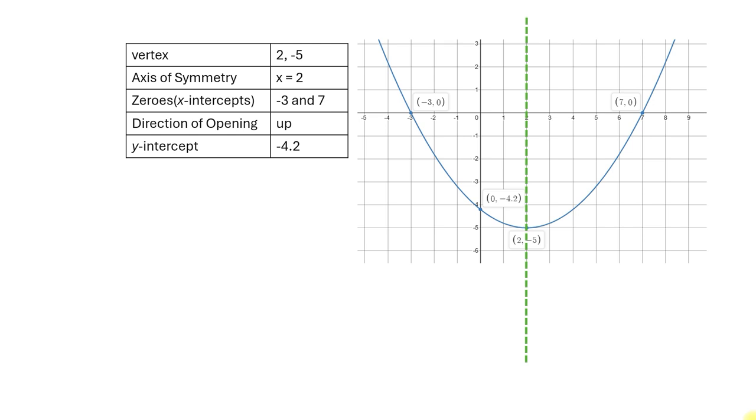The zeros, or the x-intercepts, the points at which the graph crosses the x-axis, are -3 and 7. We've got our happy face parabola there, telling us that the direction of opening is up. And the y-intercept, we kind of have to guess at this a little bit, just by looking at the graph and zooming in, but we could say that it's approximately negative 4.2.